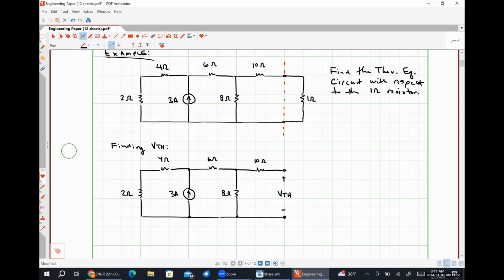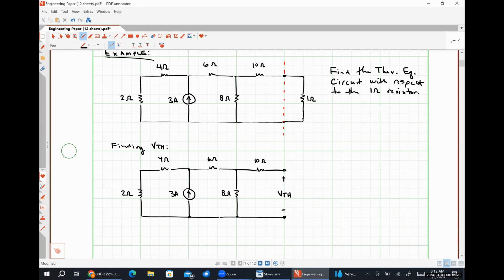However, if we were to combine the 4 ohm resistor and the 2 ohm resistor into a 6 ohm resistor, it would then be in parallel and we could do a source transformation. So that's definitely one route that we could go. Mesh analysis is definitely another route that we could go. Neither of those are the 2 routes that I would personally choose.